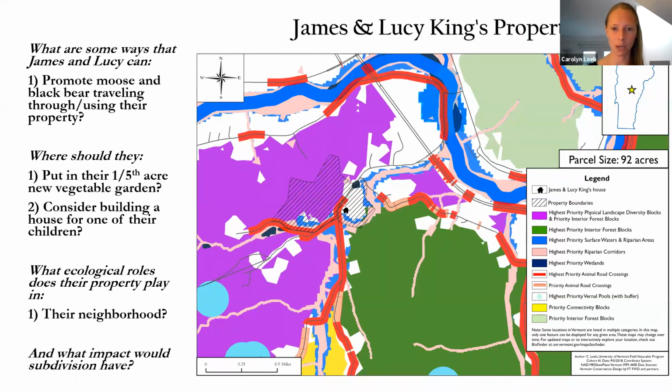Does anyone have any comments? You're welcome to just take a shot at it. What do you think from an ecological perspective, what role does this property play in the local neighborhood? And what would be the impact if this area was developed for housing in terms of the ecology of the land, besides the immediate paving over of certain locations?